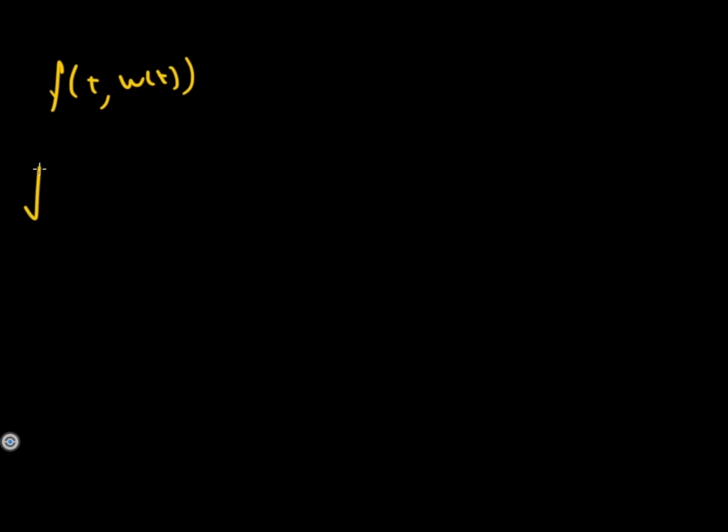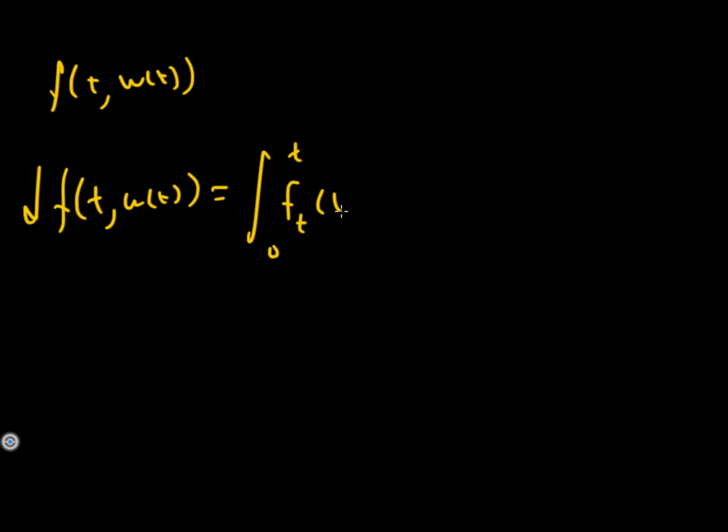In this case, the differential of f of t, omega t will simply give us an Ito integral and a couple more simple integrals again. So first of all, we will of course have the integral from 0 to T of f with respect to t of t, omega t, dt.